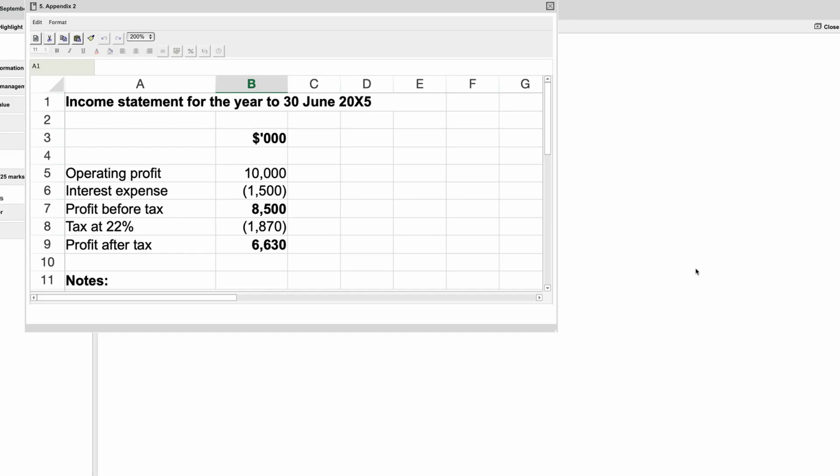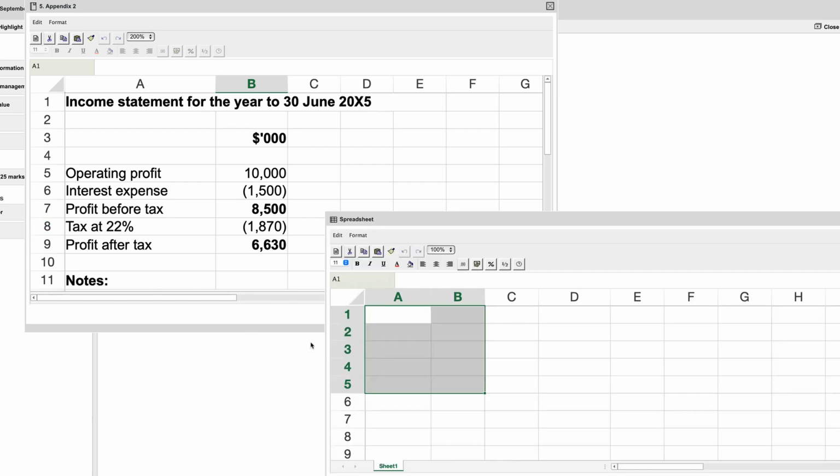So here we are in the September 22 specimen paper, and we're asked to do EVA, okay? And we get given these figures. So I open up my spreadsheet, and I say, right, okay, so I want to start off with operating profit, and that is 10,000. So far, so good. Then I take off tax because it's operating profit after tax.